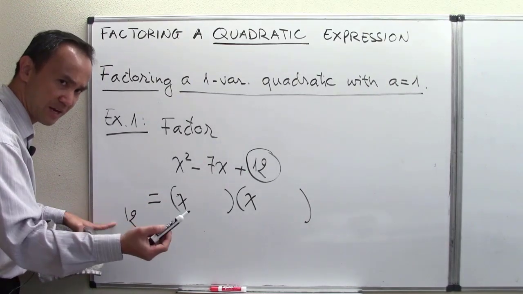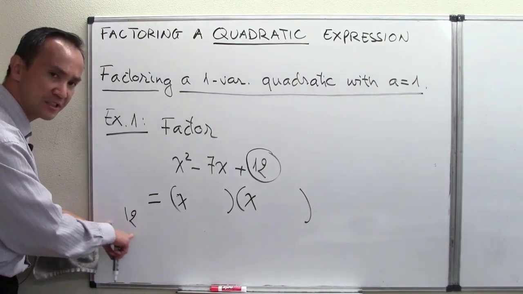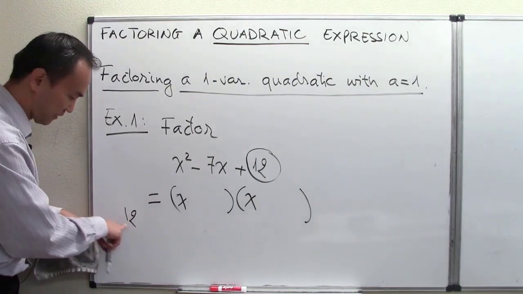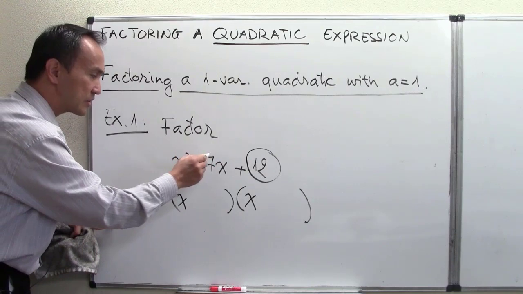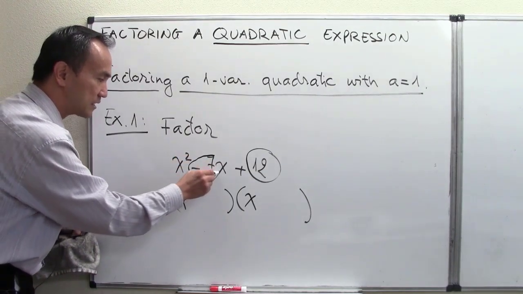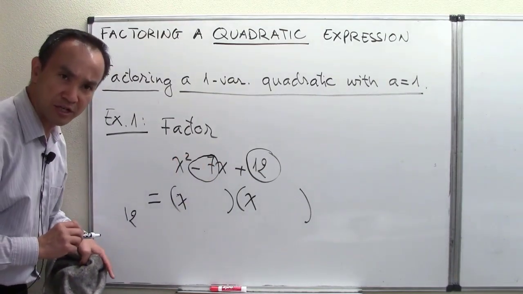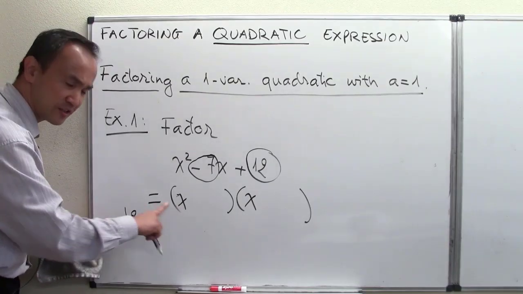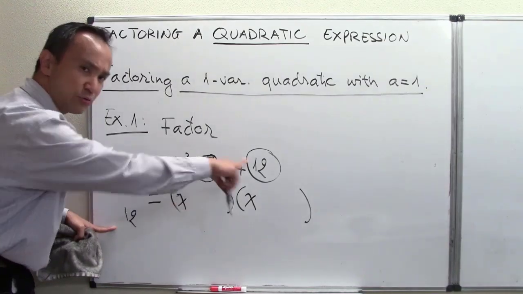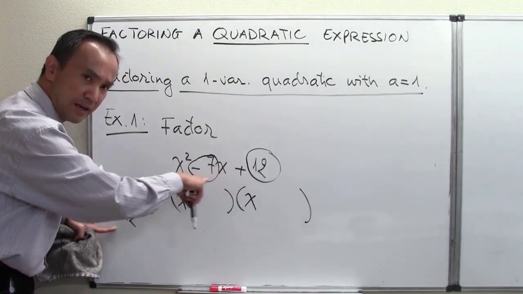I want to repeat: we want to think about two factors, including sign, that go into 12 and that sum to minus 7. Minus 7 is the coefficient of the middle term. So we want two factors including signs, but the next requirement is that they sum to minus 7.